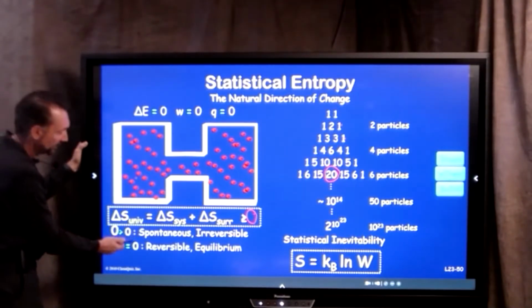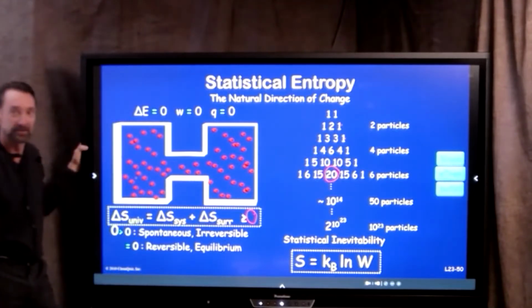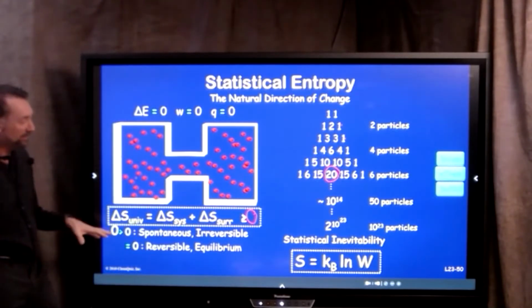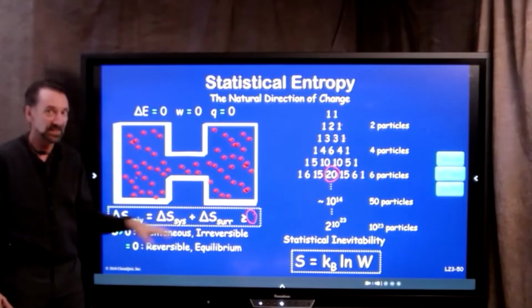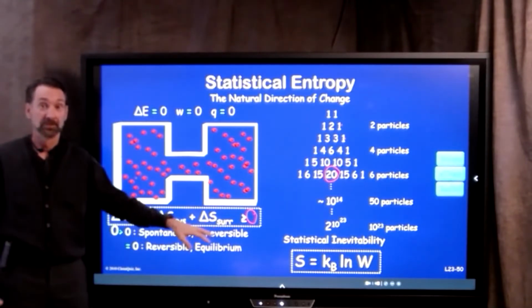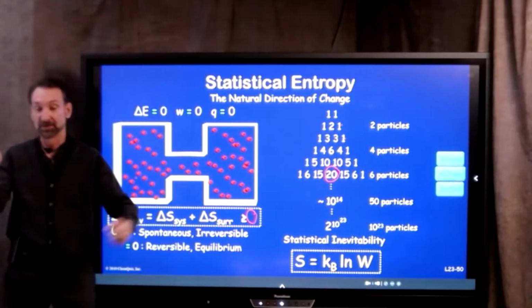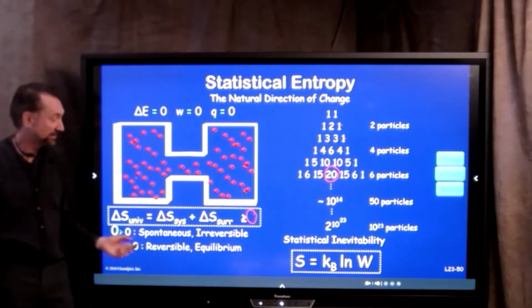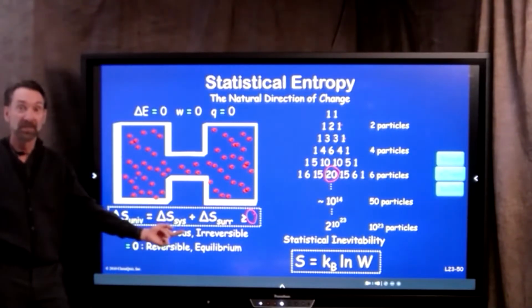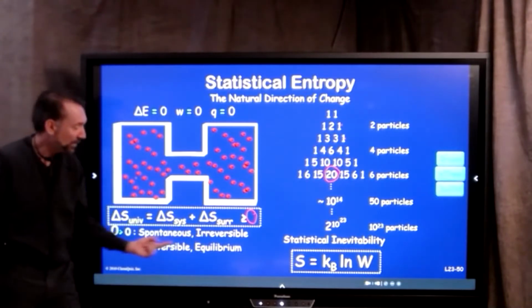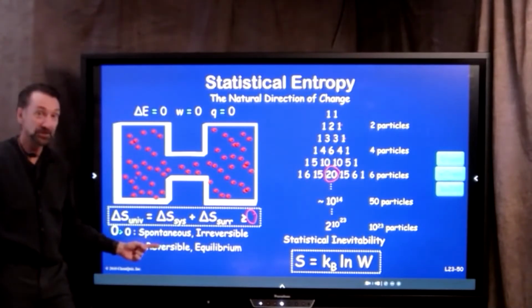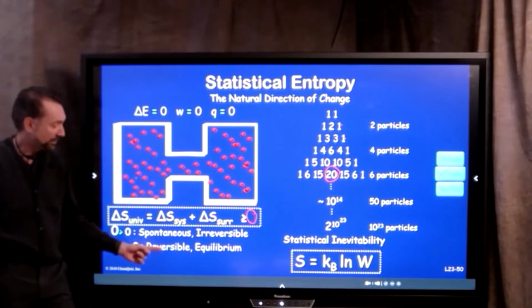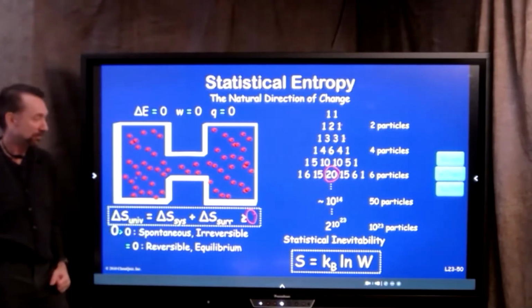If you have 0, there is the 0 case. The 0 case is where the universe is indifferent to your products or reactants or your two states. Completely indifferent between the two states, then the entropy of the universe is 0, and those processes are what we call reversible, also a term that gives people consternation, and this irreversible.